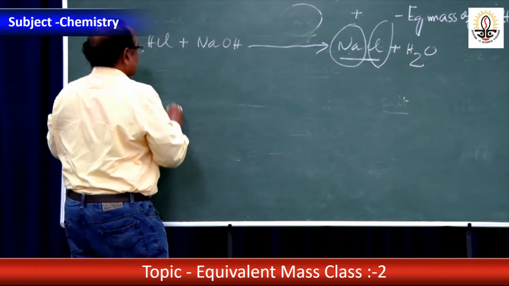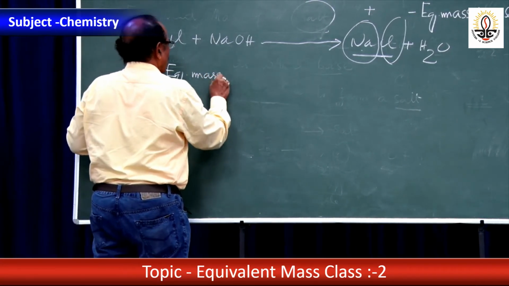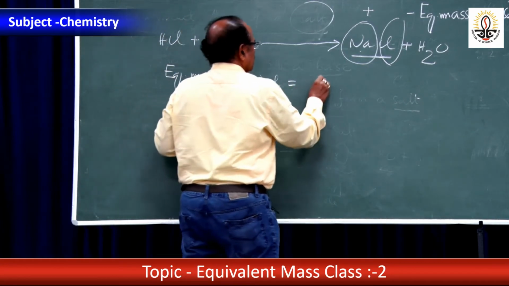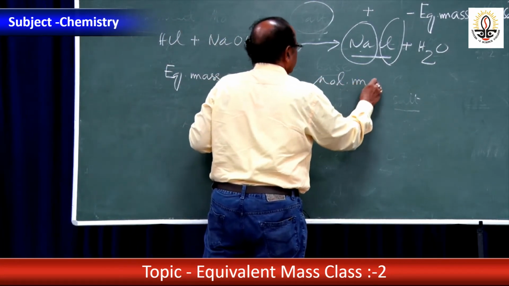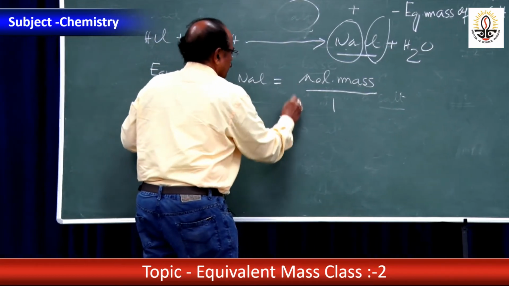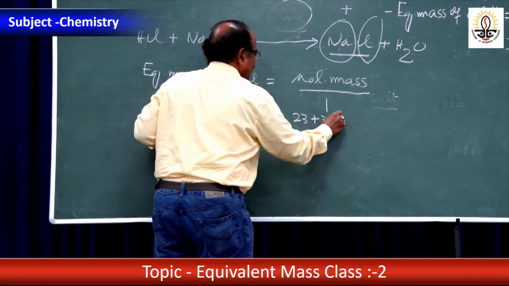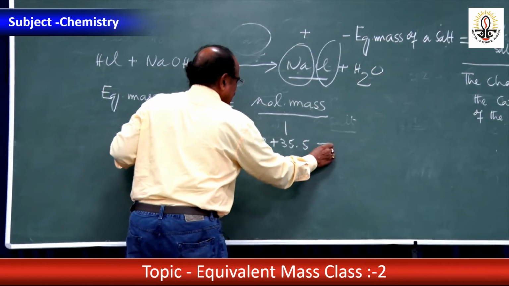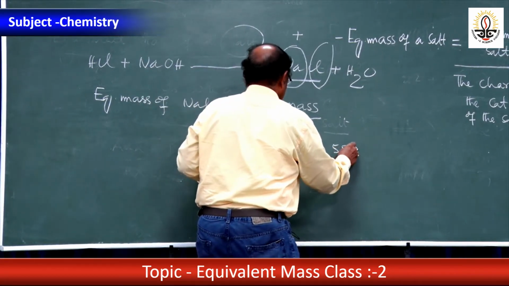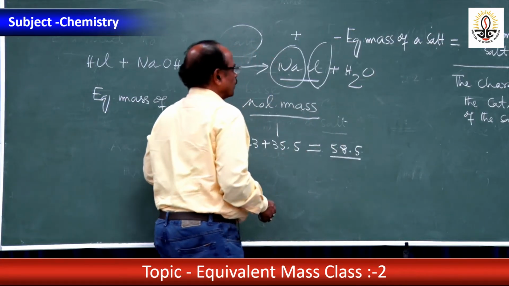So the equivalent mass of sodium chloride will be molecular mass by 1. Sodium is 23 and chlorine is 35.5. If you add, you get 58.5. So that is the equivalent mass of sodium chloride.